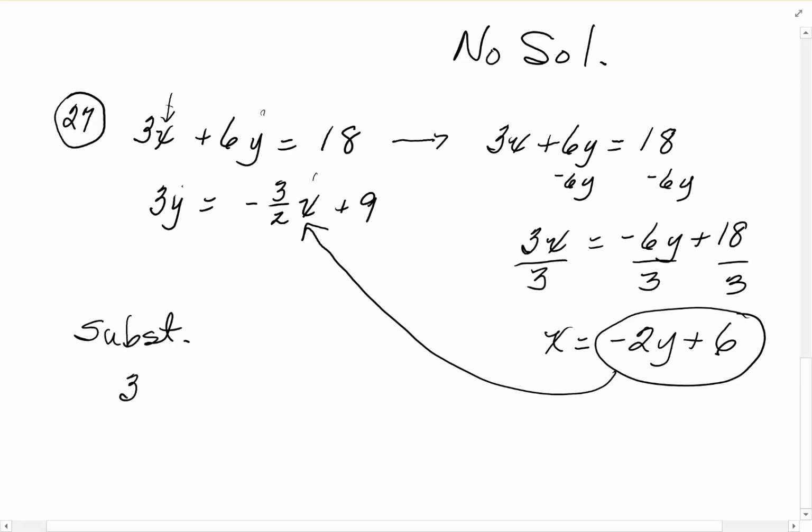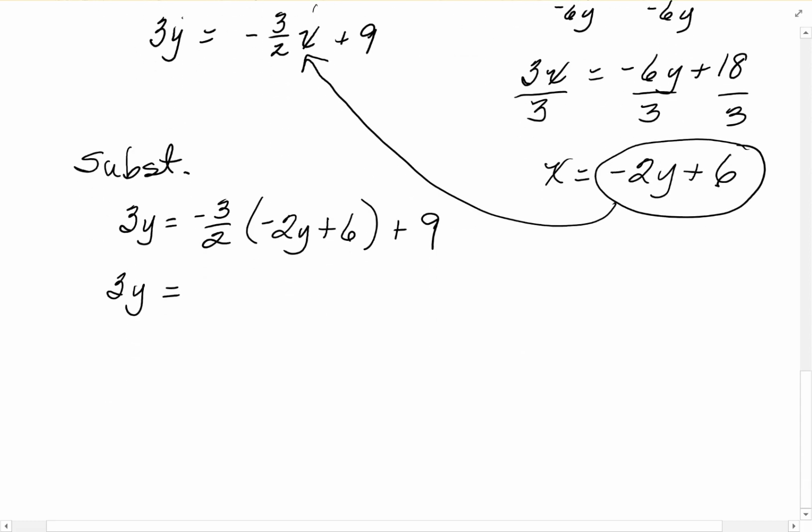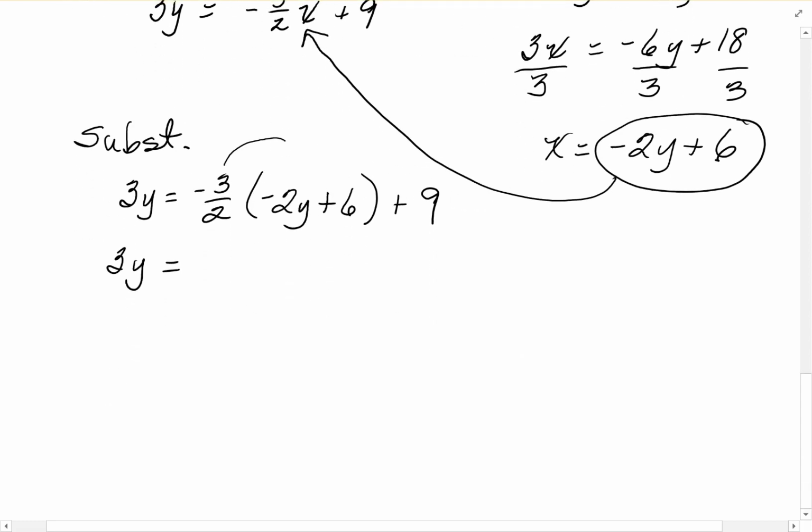So I have 3y is equal to negative 3 over 2, open parentheses, negative 2y plus 6, close, plus 9. All right. So I have 3y is equal to, multiplying here, putting this over 1, I have negative times negative is positive. The 2's would cancel out, and I will end up with positive 3y.